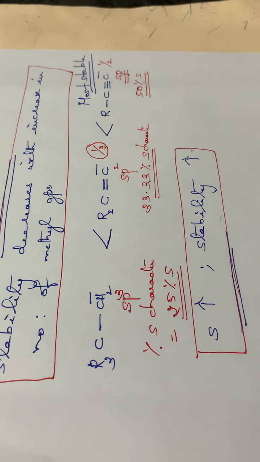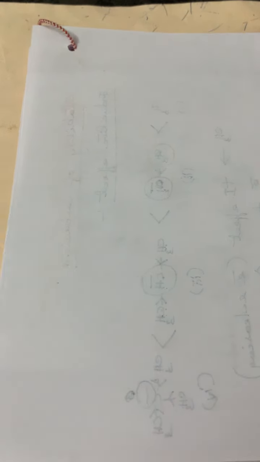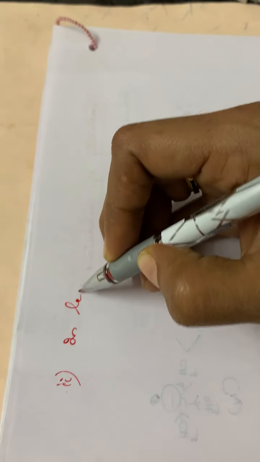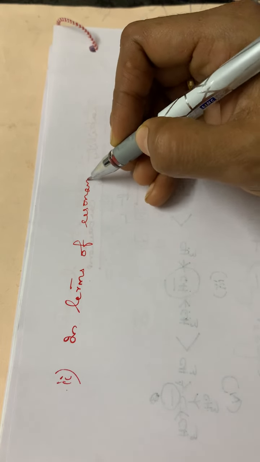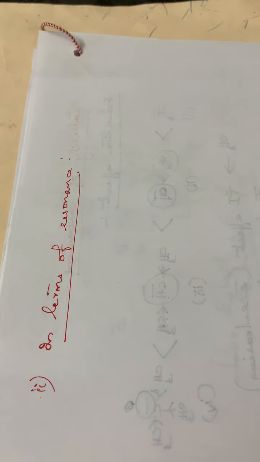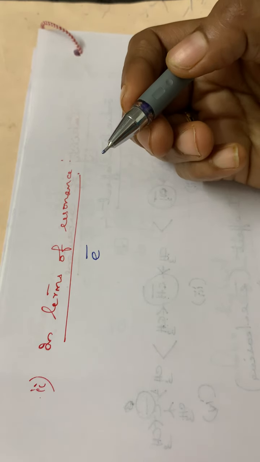Then the next one is the explanation of stability in terms of resonance. Normally these carbanions are stabilized due to resonance.